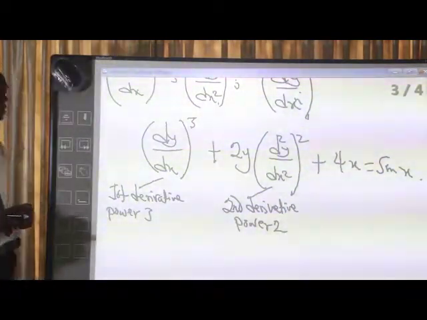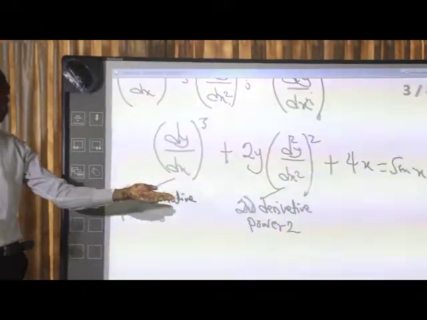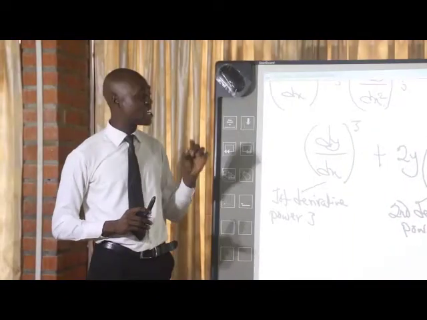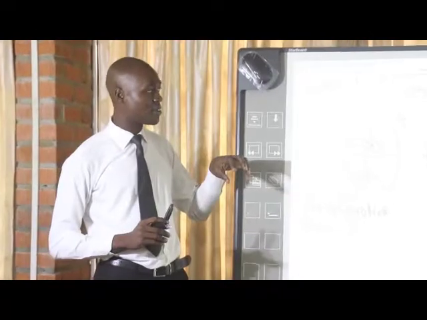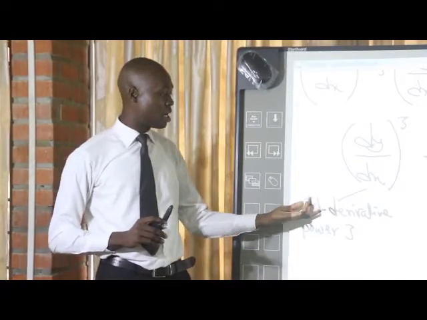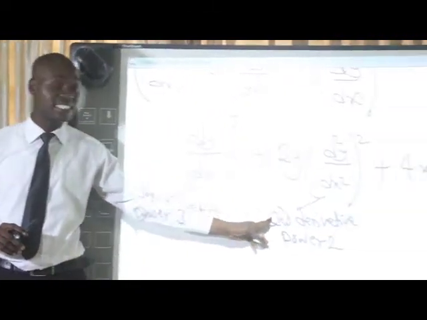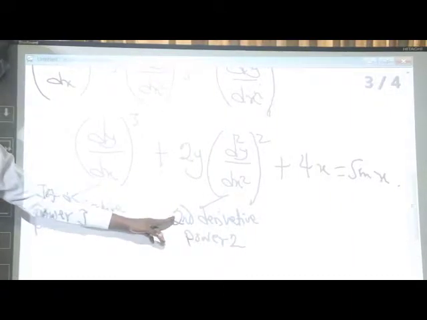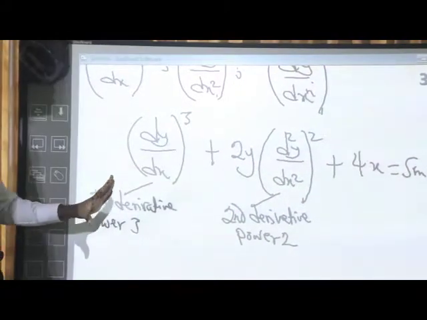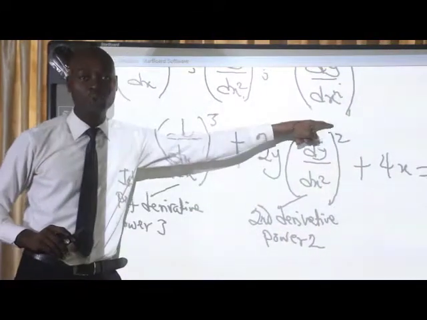Now the question is, what will be the degree? Is it 3? Is it 2? The definition says that you need to check the power of the highest derivative after rationalization. So as you can see, we have a first and a second derivative. The highest derivative is definitely the second order. So what is the power of that derivative? It is 2. So simply put, the degree of this differential equation is 2.